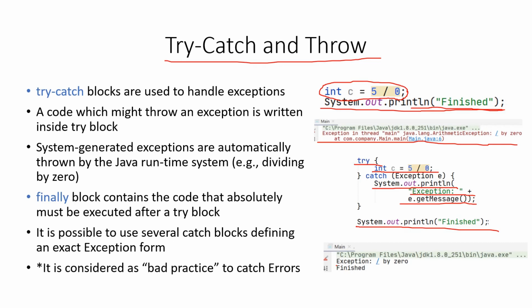In the console, we print this message about the exception, division by 0, and after that we get the message finished. But here, because we didn't use exception handling, we couldn't get this message, and our program terminated before printing it. So, in order to handle the exception, we use try and catch.